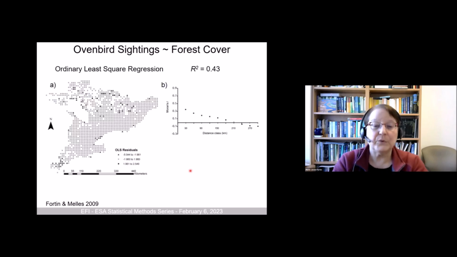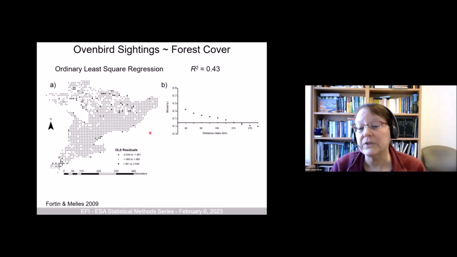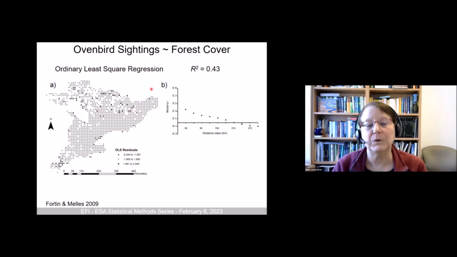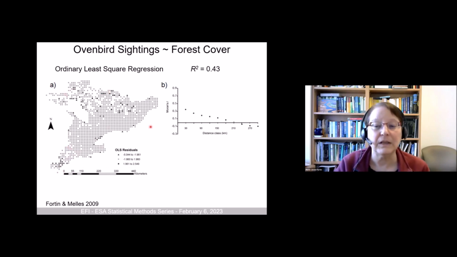So then the first step is to do a linear regression. When we do that, the R squared is 0.43. And the map here is the residuals. And the correlogram now is based on the residuals from such an analysis, the linear regression. We can see we have some pockets of very negative residual, some positive residual, negative here and there.